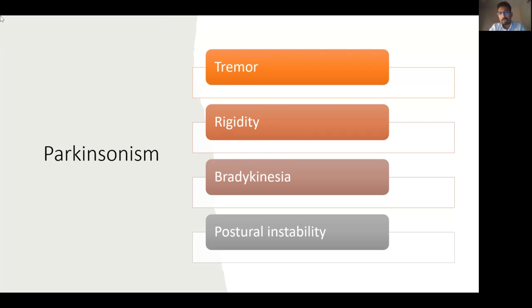These are actually more basal ganglia related functions. So a group of conditions presenting with basal ganglia functional abnormality is called Parkinsonism. And what are these symptoms? These four shown on the screen: tremor, rigidity, bradykinesia, and postural instability.